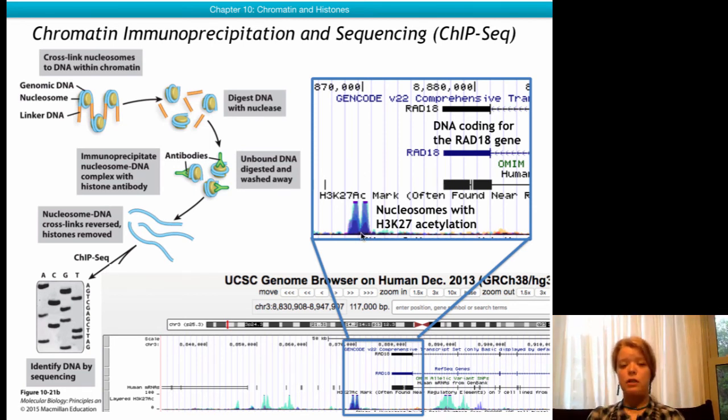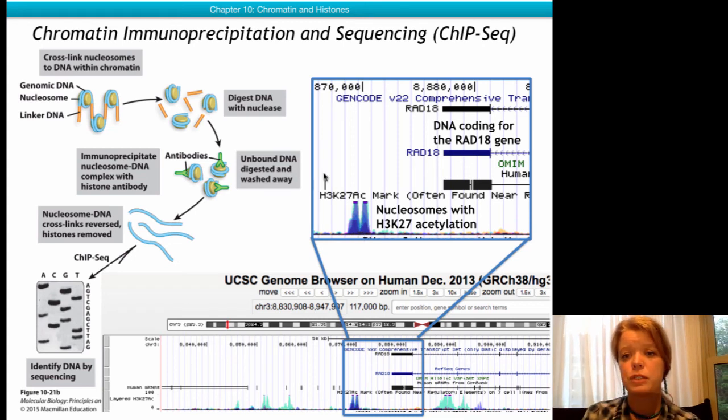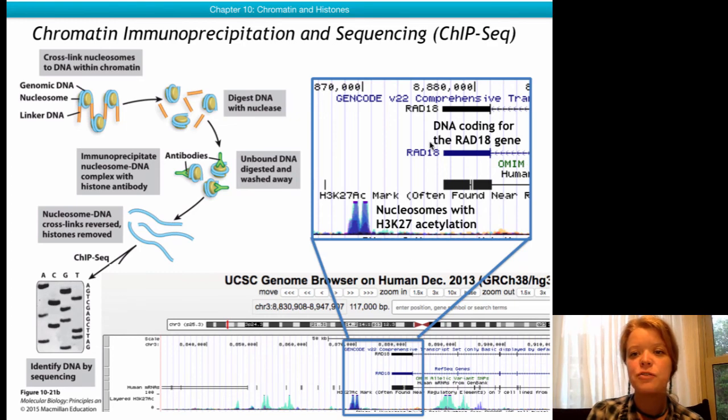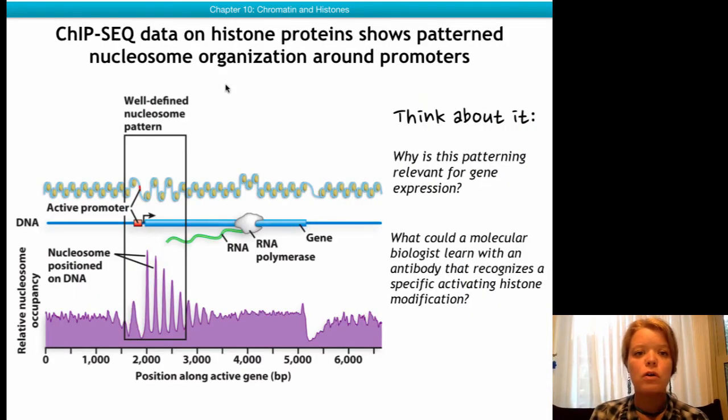And that's a very, very typical thing to find for nucleosomes around promoters, because that's precisely what this area is. There's a promoter in here that allows for the transcription of this RAD18 gene. So the ChIP-seq data analyzed can give a lot of information about how different proteins are expressed, just looking at the pattern of nucleosome organization.